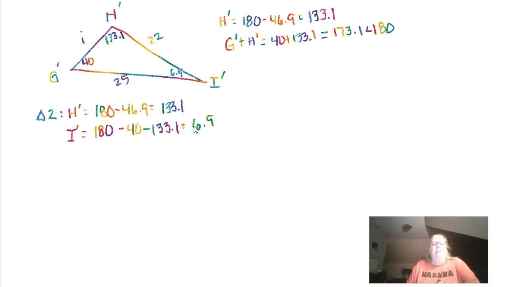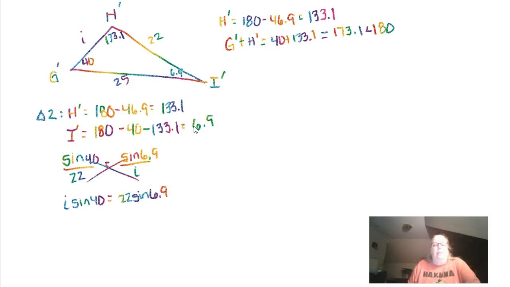All right, now we can find side I. And again, I'm going to use my data from angle G and side G here. The sine of 40 degrees is to 22, just as the sine of 6.9 is to side I. We'll cross multiply. I times the sine of 40 is going to be equal to 22 times the sine of 6.9.